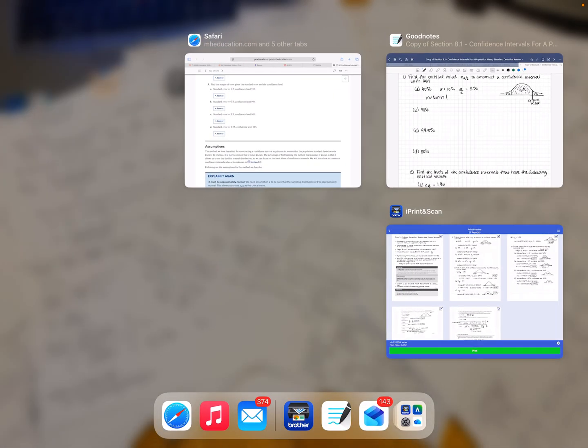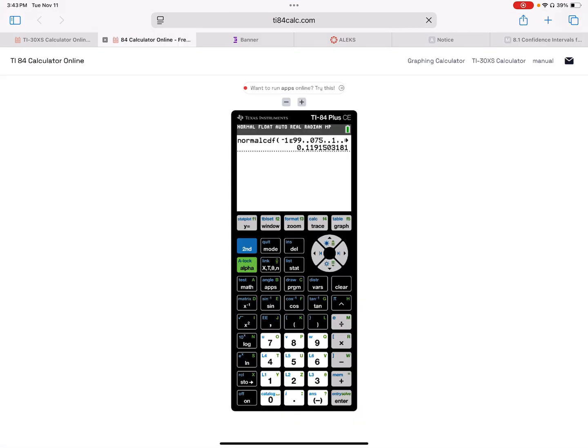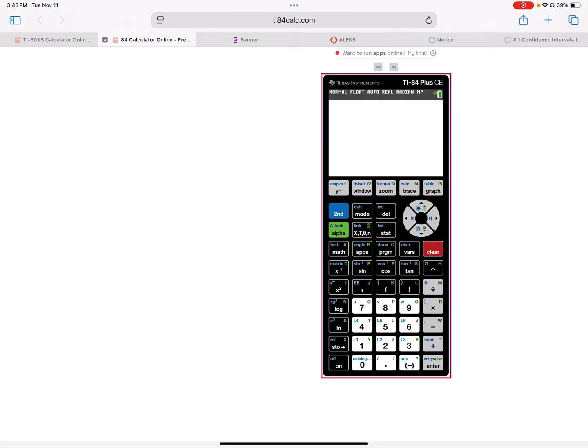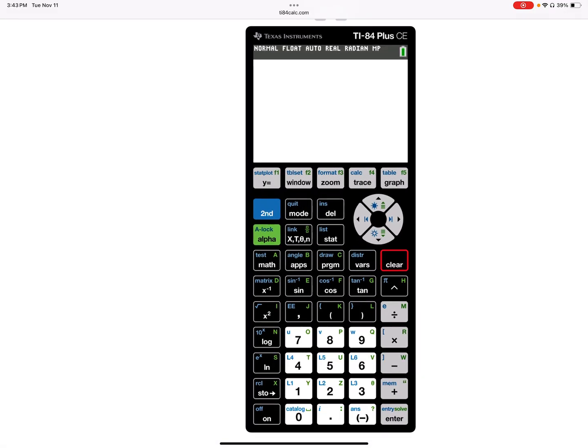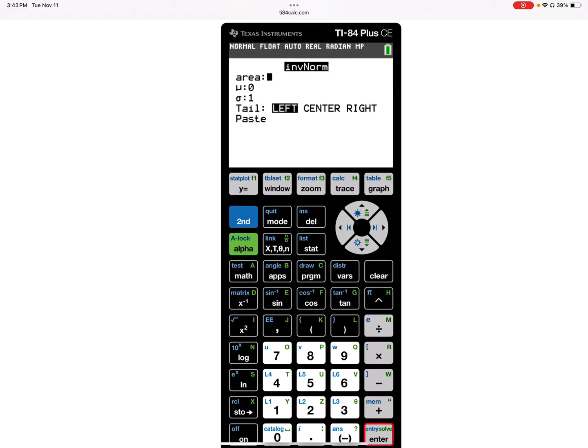So I'm actually going to go over here to our calculator, and I'm going to use my second vars. I'm going to go to inverse norm, okay, and my area is 95, so 0.95.